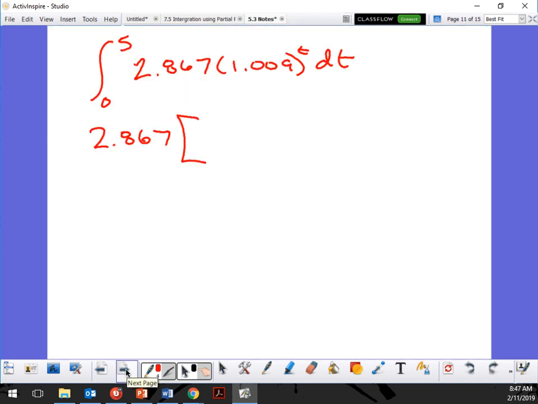So what's F of b going to be? 1.009 to the fifth power, and minus 1, because anything to the 0 power is 1. Something like that.